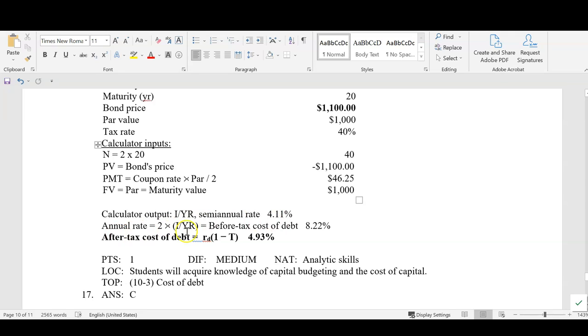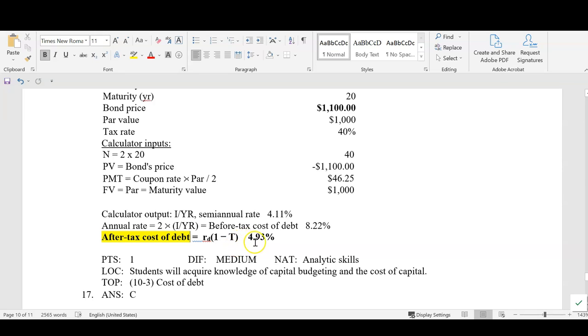Then we need to multiply by 2 to get the before-tax cost of debt, which is 8.22%. And note that, again, we're looking for the component cost of debt we use for the WACC calculation. So it should be the after-tax cost of debt that we're looking for. So we need to multiply this 8.22% by 1 minus the tax rate, which is 40%.